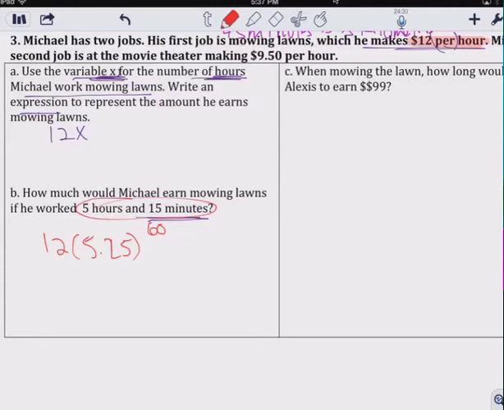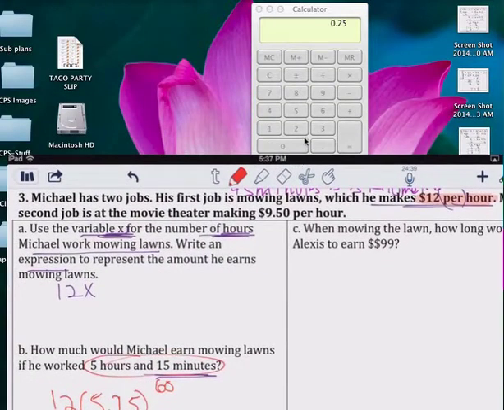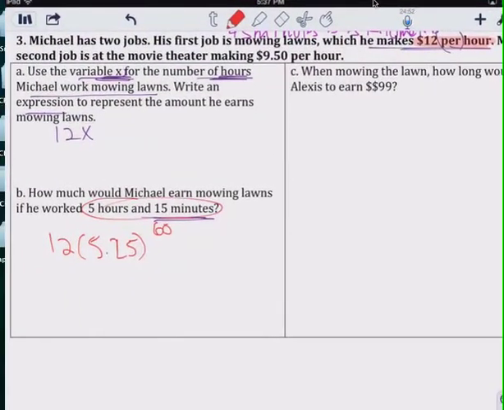Multiply that. 12 times 5.25 equals $63. He made $63.